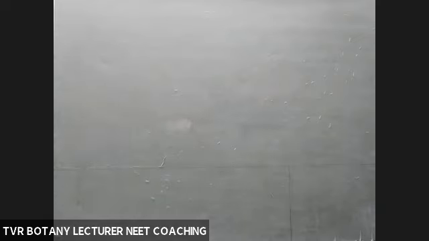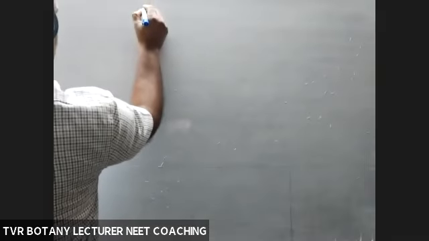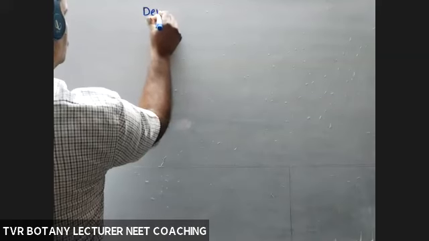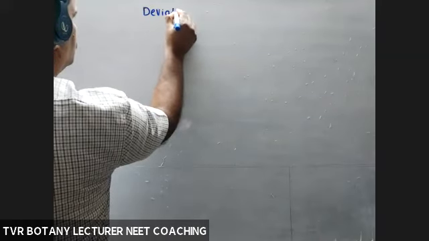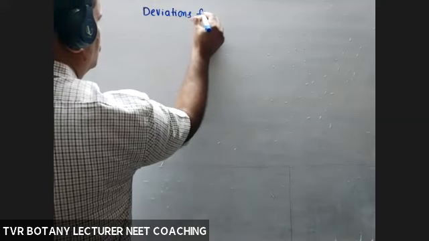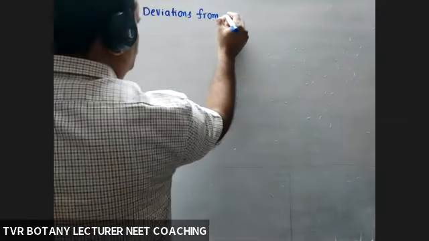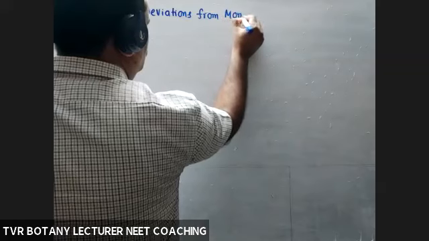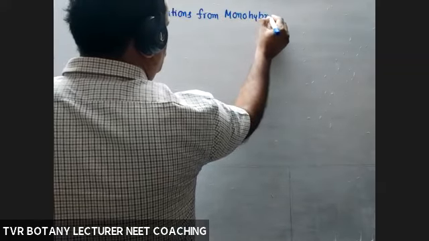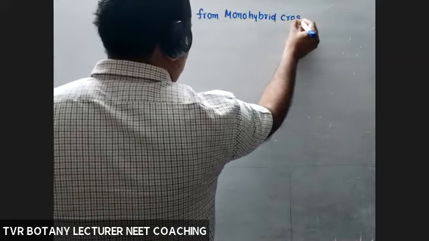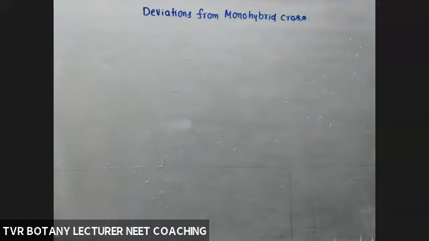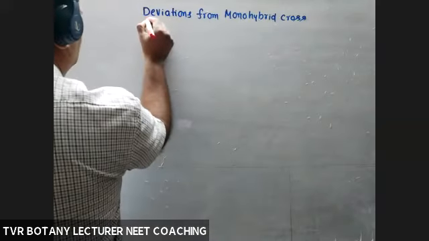Deviations means against Mendel's monohybrid cross performed in Pisum sativum. Okay, two examples, two deviations.